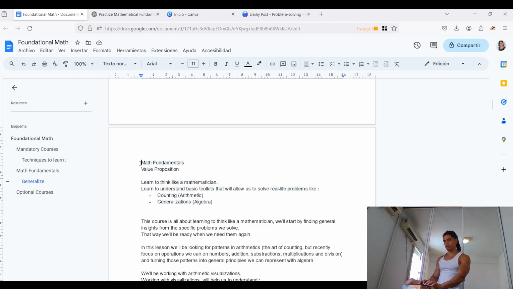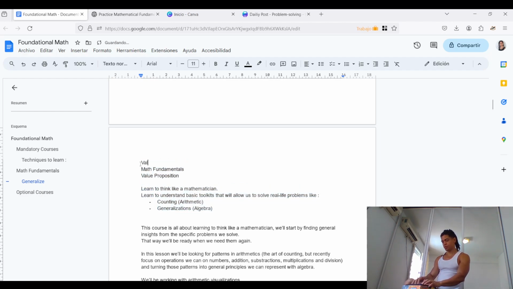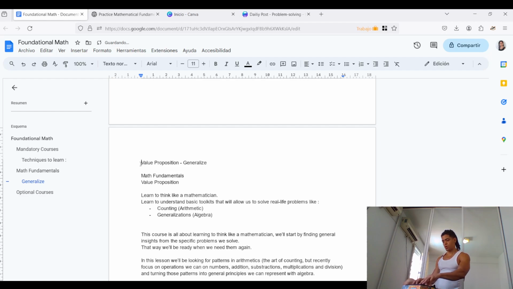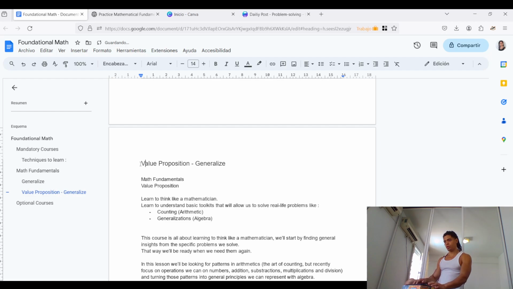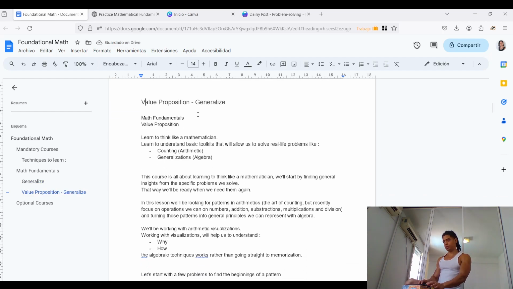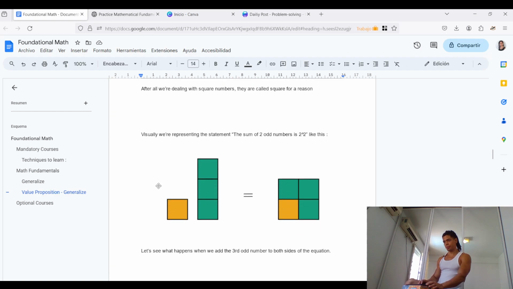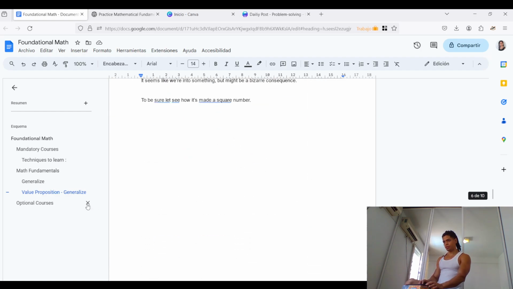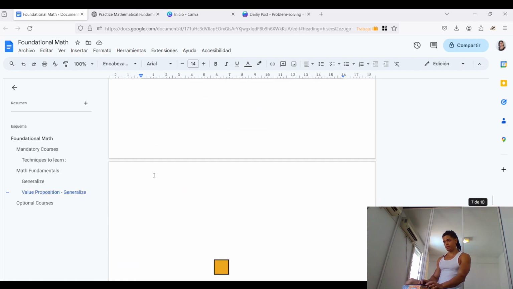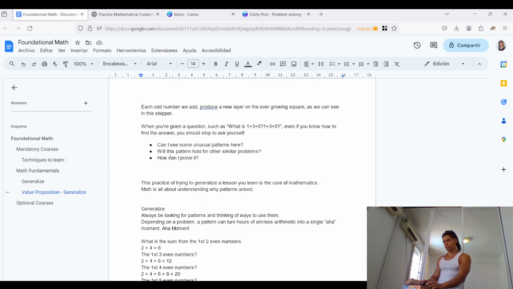Yeah, this is the value proposition: generalize. Value proposition of generalize. And then we got the value proposition of mathematics.